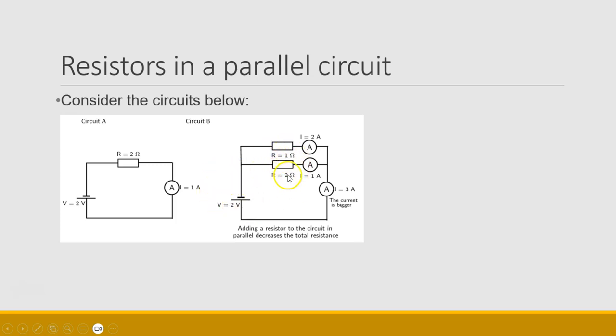We have a 2 ohm resistor, but we also have another 1 ohm resistor connected in parallel with the 2 ohm resistor. And in this case, we can see that our total current is higher. It is 3 amps. And we can also see individual currents across the branches, which are not identical because the resistors are not identical.